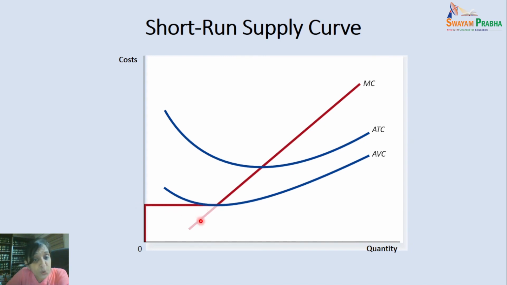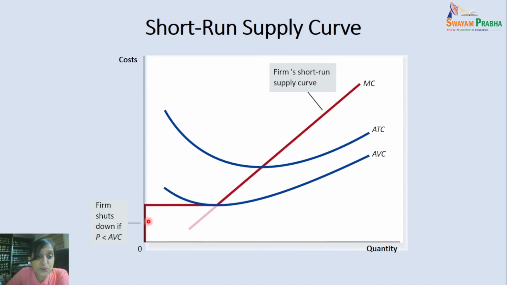If the price goes below this line, the firm should not be producing anything, meaning its output should be zero. But if the price is at this particular point, then the rising portion, this dark red line of your marginal cost curve, becomes the firm's short-run supply curve.